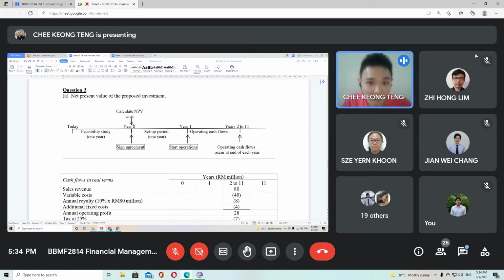Okay, not yet finished. From the question, if you read, it's telling you about your operating cash inflow, but not so fast, because the question says that even after you have decided yes, we will proceed and undertake this project, we sign the agreement, then we need to build a new plant. Usually in questions, we just assume that you buy a new plant at year 0 and can use it immediately.